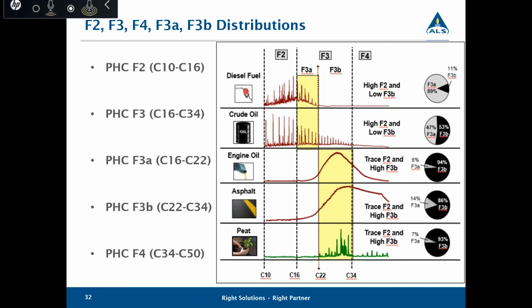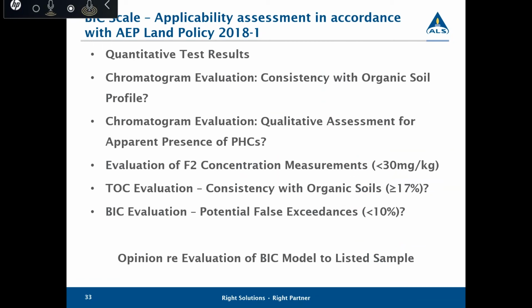Alberta Environment and Parks Land Policy provided detailed instructions on how to apply F2 and F3B subfraction concentrations to the BIC scale in order to determine if organic samples have falsely exceeded Alberta Tier 1 guidelines for the F3 fraction.